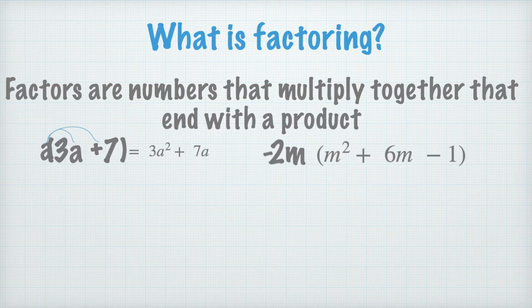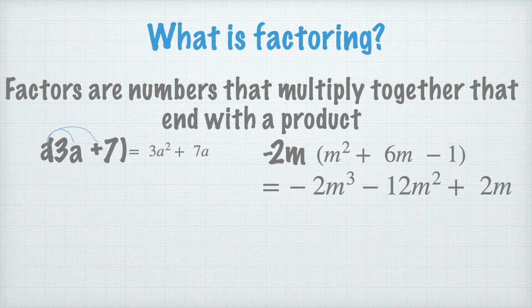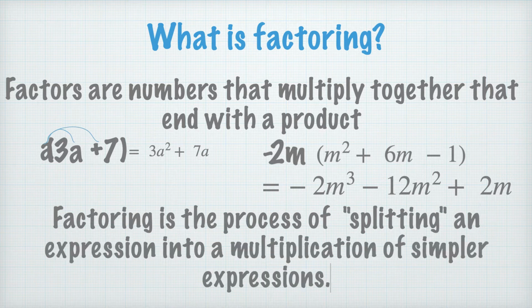If I distributed negative 2m to everything on the inside, then I would get negative 2m cubed minus 12m squared plus 2m. All right, so what is factoring? Well, factoring is the process of splitting an expression into a multiplication of simpler expressions, or back into a product.